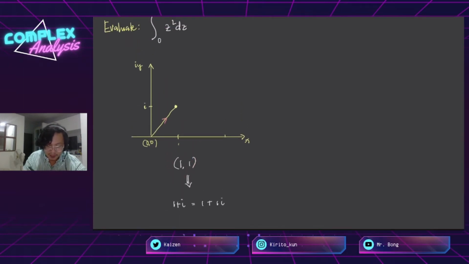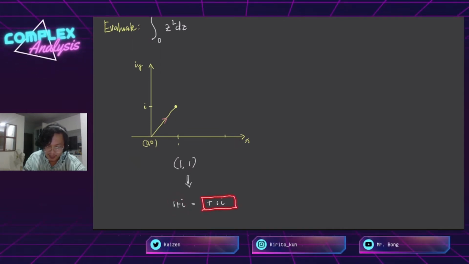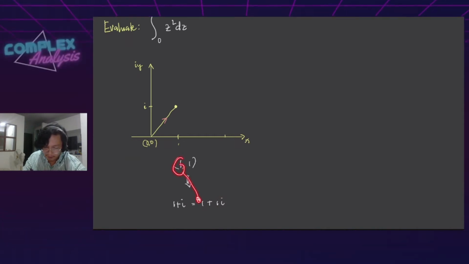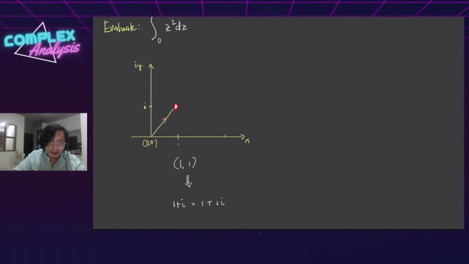The reason is that 1 plus i is the same as 1 plus 1i, where this 1 represents the x value and this 1 represents the y value. If we plot this point in the complex plane, we get this point here.